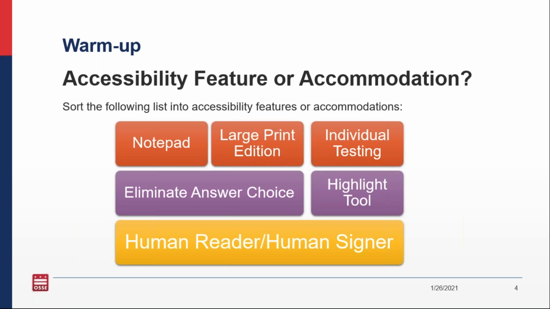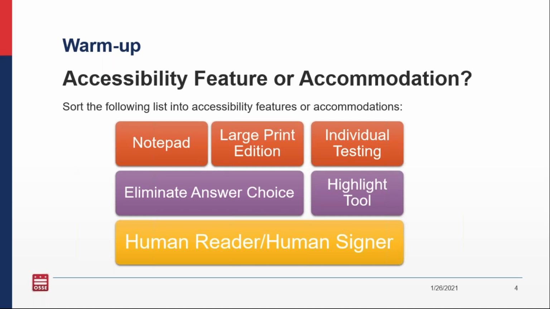All right, so our warm-up activity, I'm going to test your knowledge about accessibility features and accommodations. On your screen, you see a list of accessibility features and accommodations. We have Notepad, large print edition, individual testing, eliminate answer choice, highlight tool, and human reader, human signer.